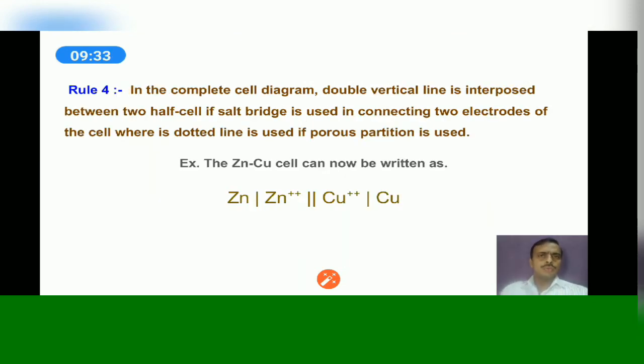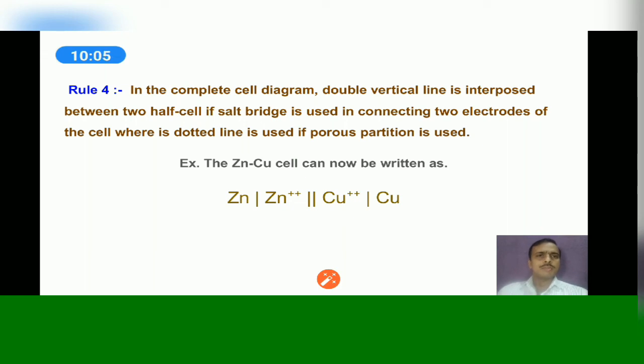Rule number four: whenever a complete cell diagram is written, a double vertical line is interposed between the two half cells if a salt bridge is used in connecting the two electrodes of the cell, whereas a dotted line is used if a porous partition is used.